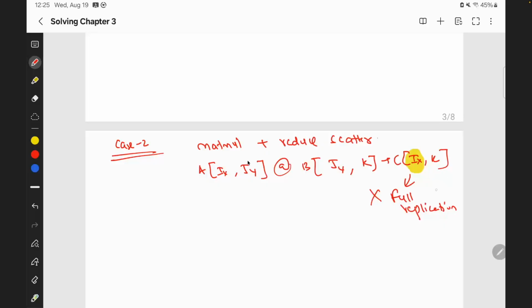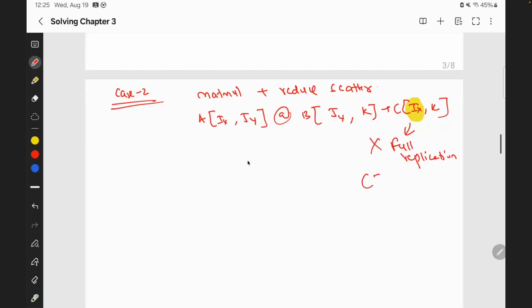If you wanted to have full replication of C, then you needed to do an all reduce, which is twice as expensive as all gather. But reduce scatter is not twice as expensive, it's the same formula as all gather.